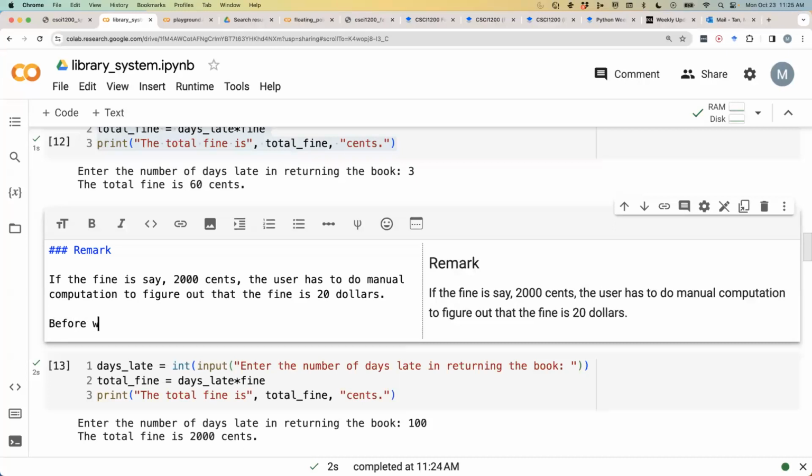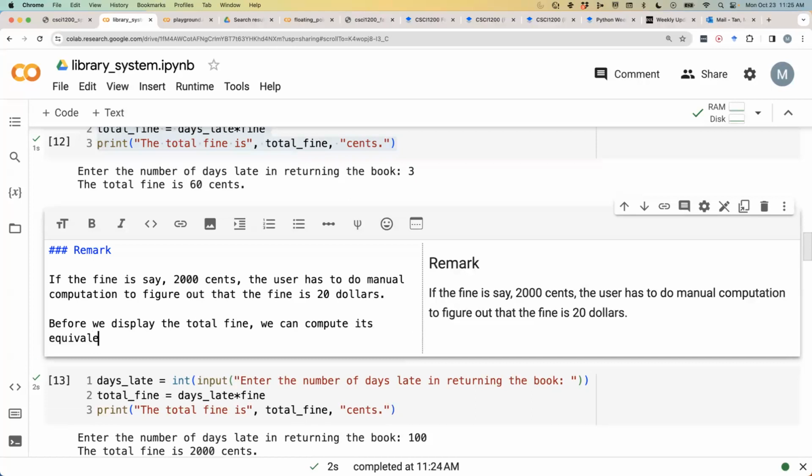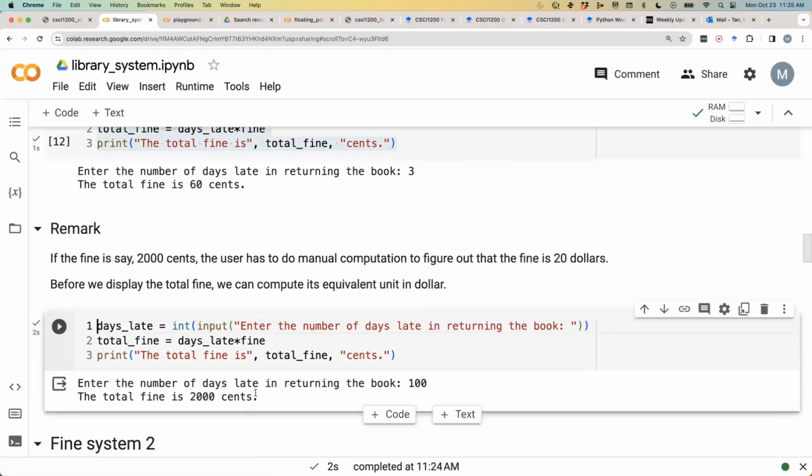So before we display the total fine, we can compute its equivalent unit in dollars. Okay, so this is an extra step. All right, so instead of writing just cents, we can convert it into its dollar form.